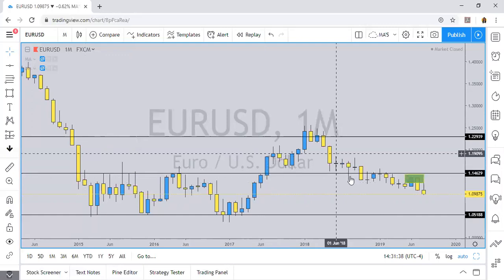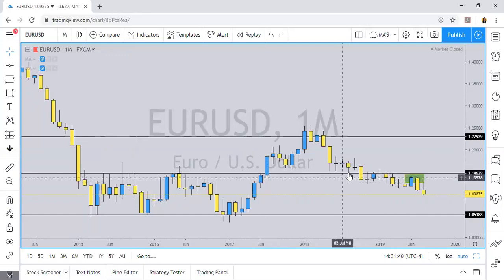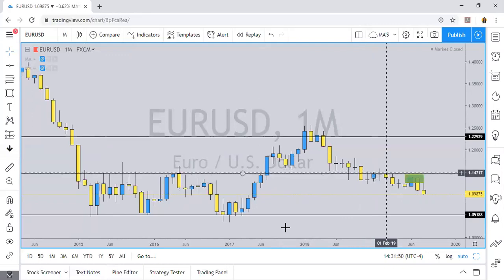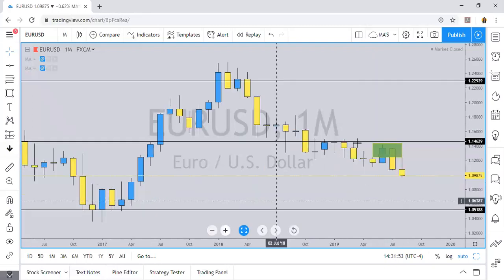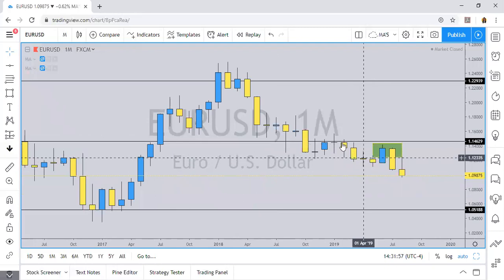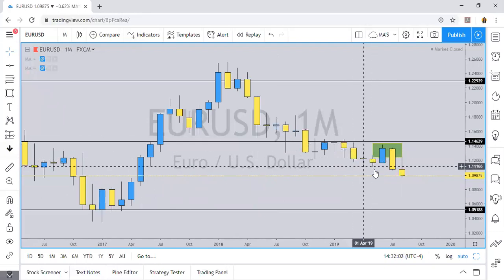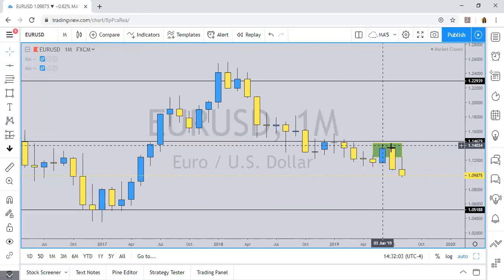And we have our support here, then we have the break here, then we have tested here, so it retested here, tested, tested. If we zoom in, we can see where the market continued down, continued to make a lower low, gave us a lower high, gave us a bearish engulfing candle.